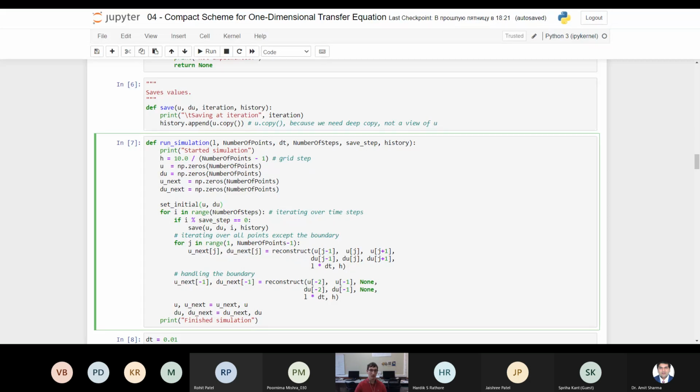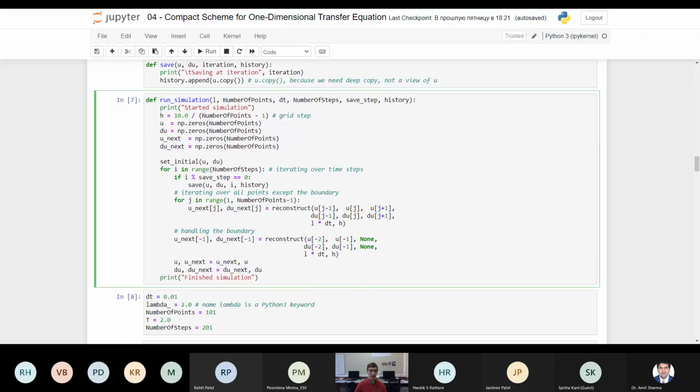Then we have a loop over time steps, and each time step we perform saving. Every save step iterations in the internal points of the region, we reconstruct the values on the next time step using the reconstruct function.